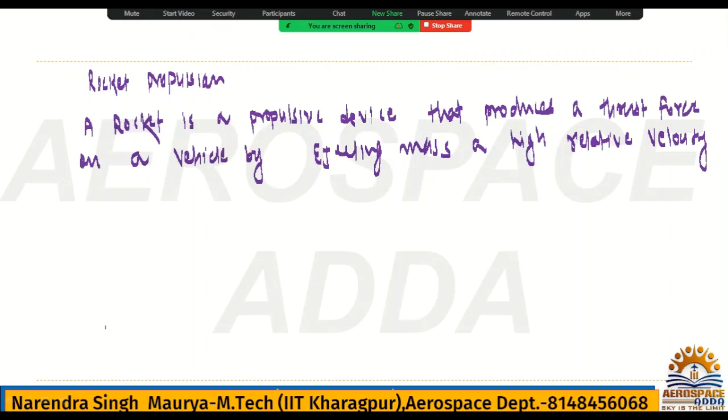But above this 35,000 feet, if you go, then the density of the air is reducing. You have seen that in the atmosphere chapter, the pressure, temperature and density variation. The temperature initially decreases, then is constant in the stratosphere, then increases again, but pressure and density are continuously decreasing.